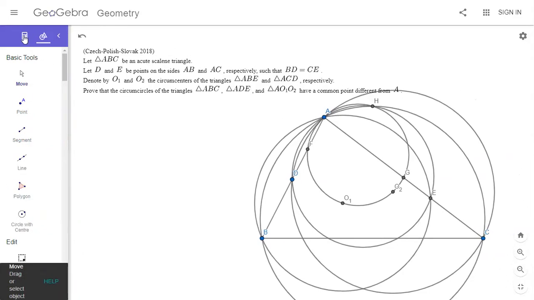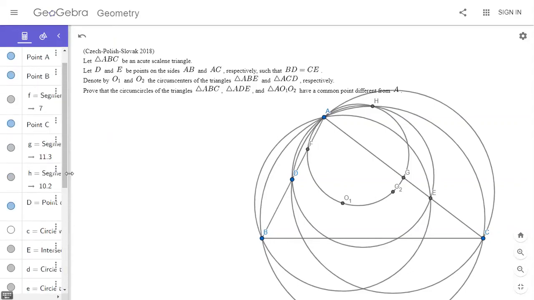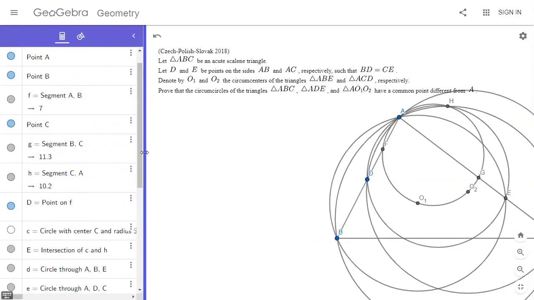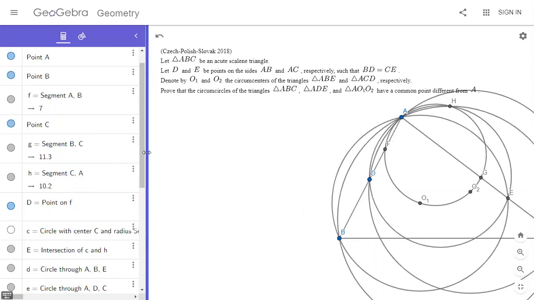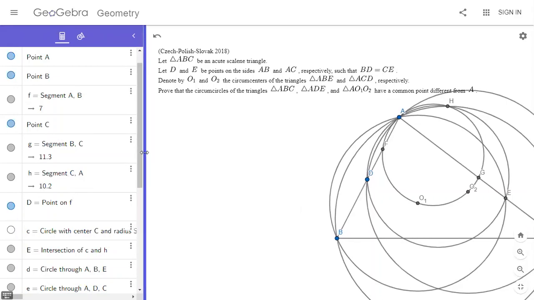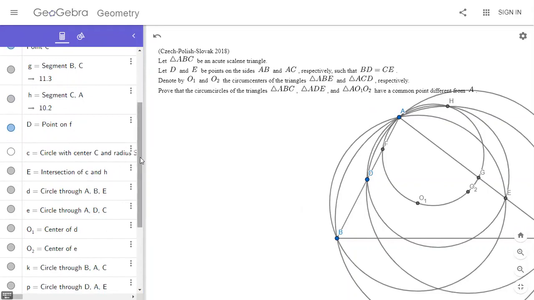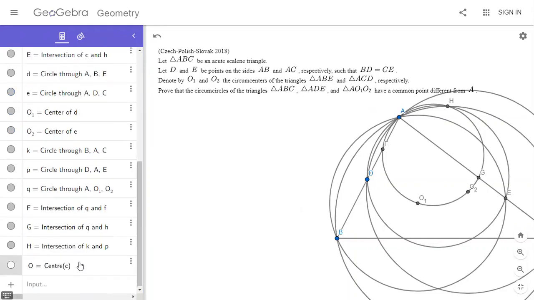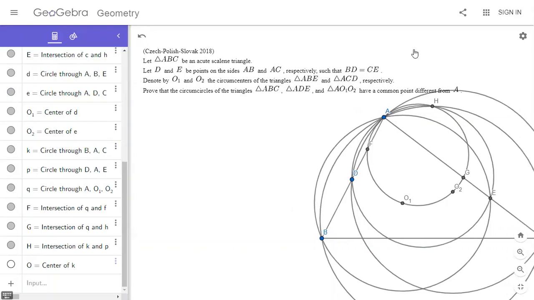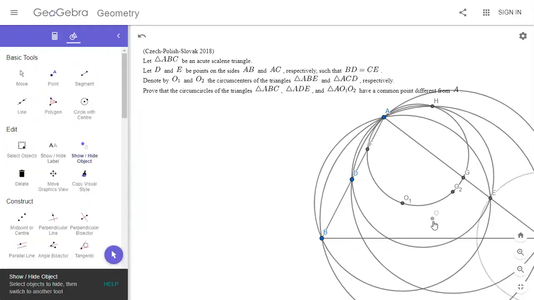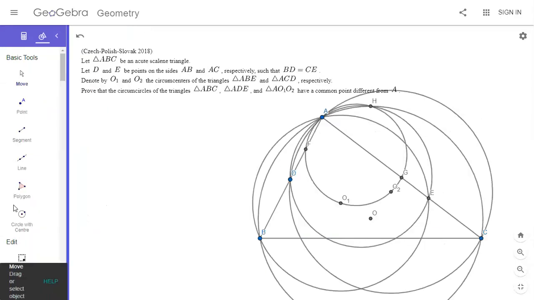Huh. It's weird. Doesn't seem to be the right circle center. It is hidden. Ah, there we go. So there's O.